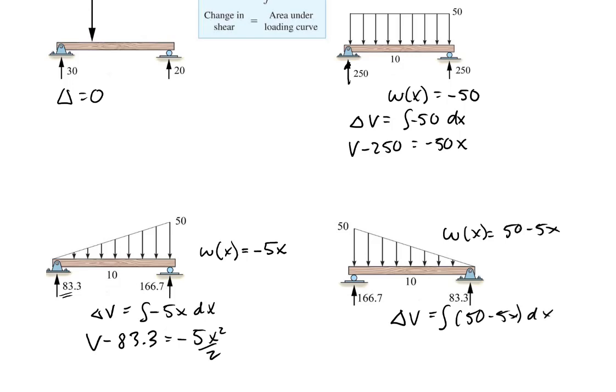And again, it starts with 166.7, so shear minus 166.7 is equal to 50x minus 5x squared over 2. Anyway, that helps you use the load diagrams to come up with a description of the change in the shear, which might be helpful or handy.